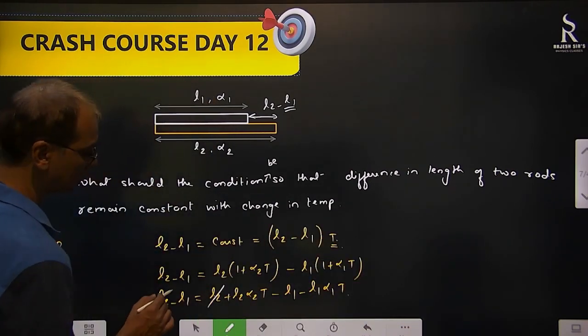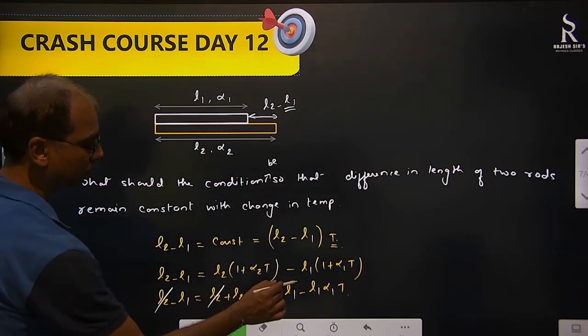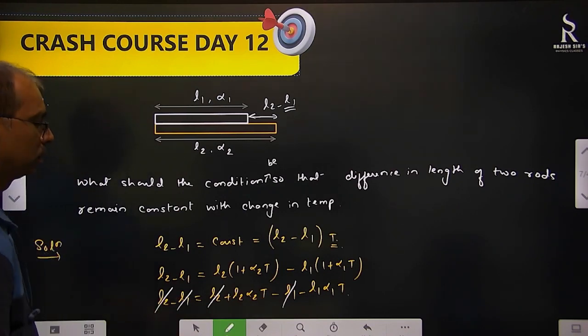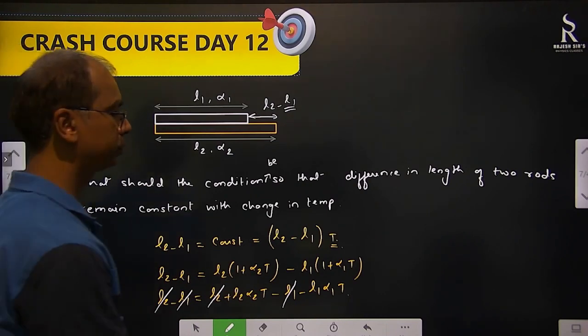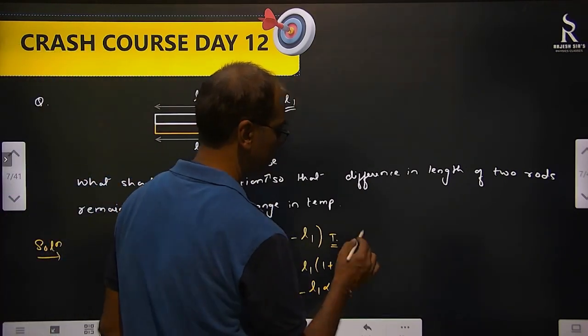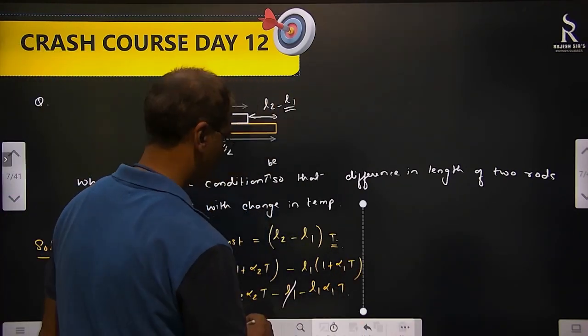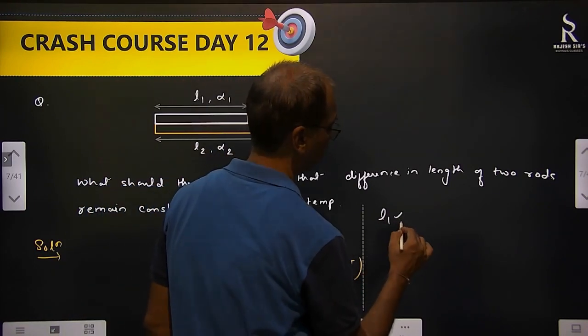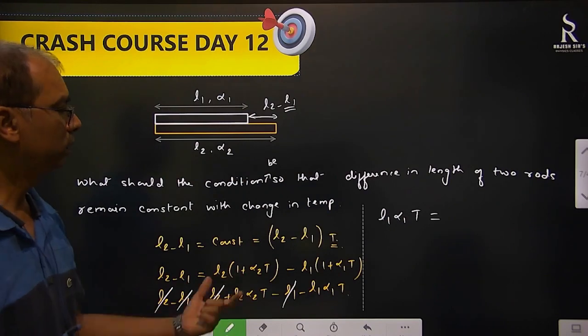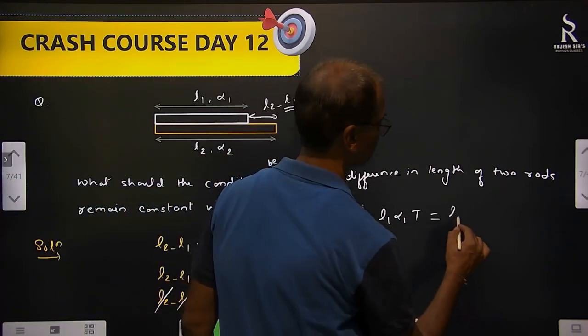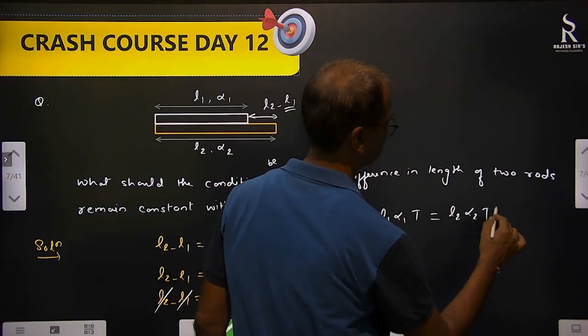Here this and this are cancelled, L1 and minus L1. Now what we can do? This L1 alpha 1 T we can bring to this side. So L1 alpha 1 T equals L2 alpha 2 T. T is also cancelled.